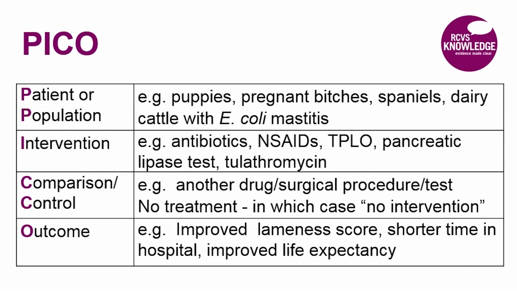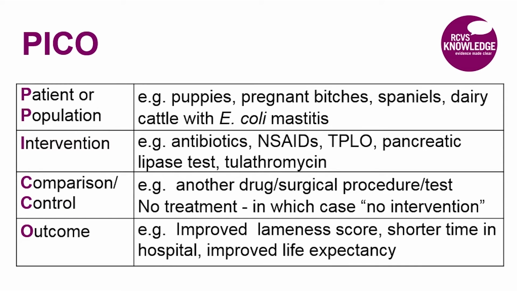So, PICO, the acronym stands for Patient, Intervention, Comparator or Control, and Outcome. So, patient, obviously, it's your patient group. So you need to think of how to describe your patient group, what's applicable. And it's why you need to use clinical common sense. Sometimes breed will be really important.